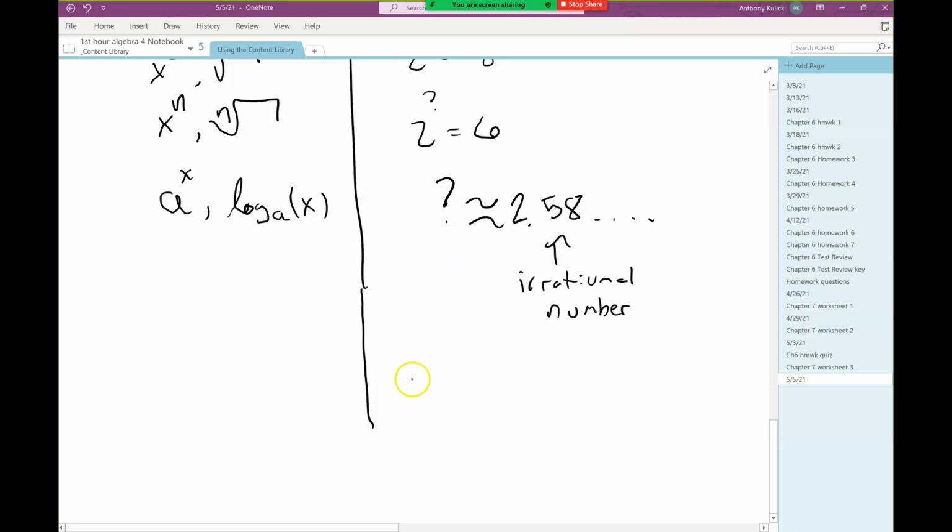So the name we're going to give that question mark, we call this the log base 2 of 6.